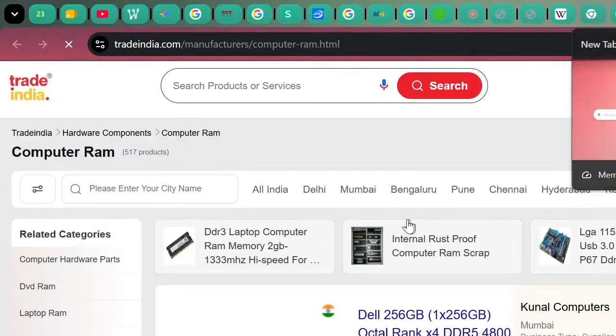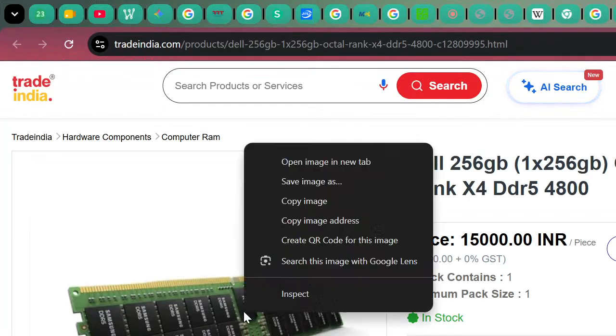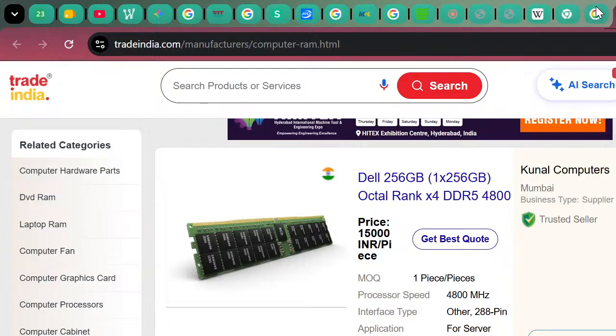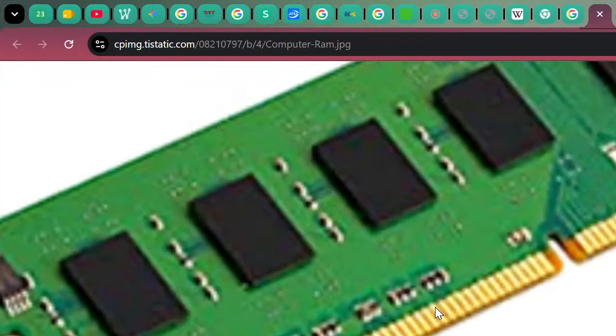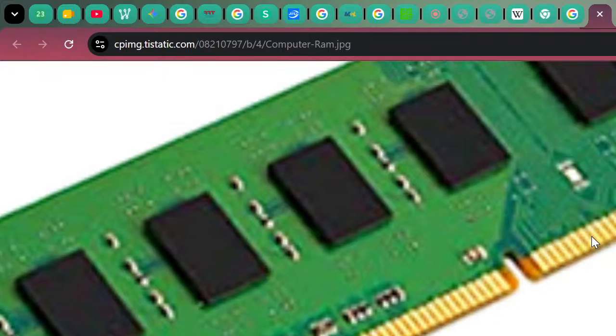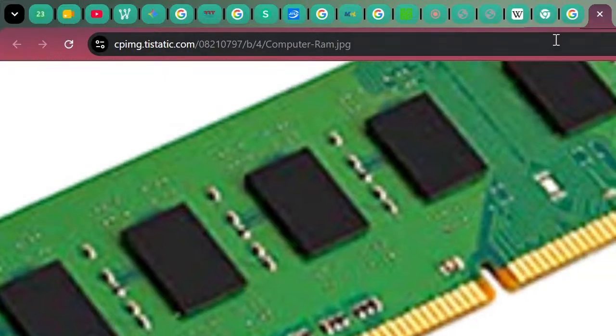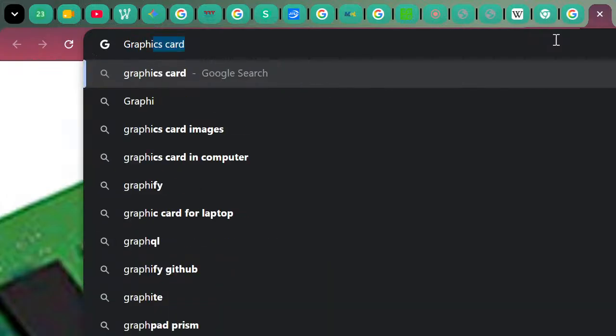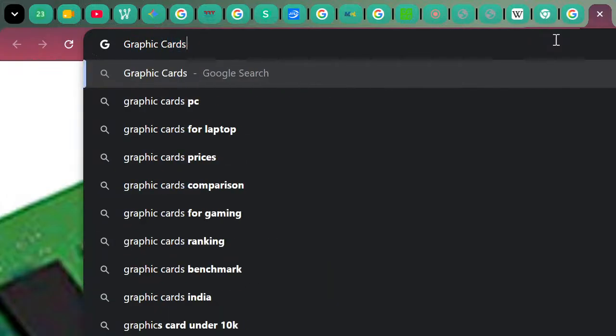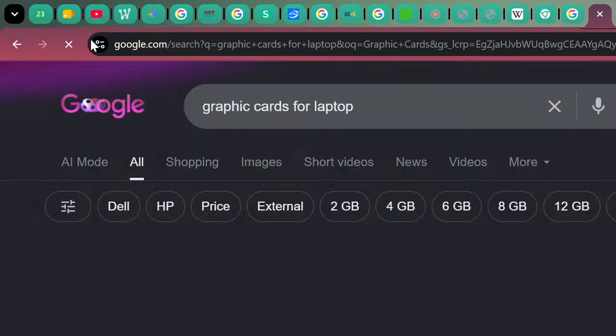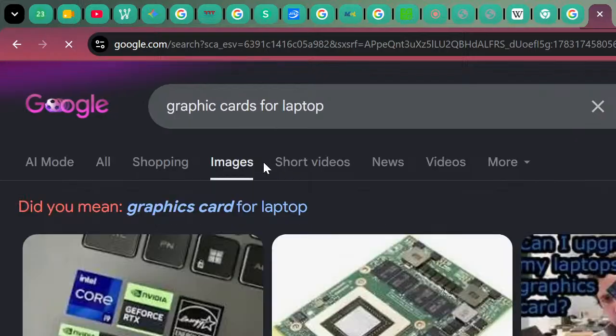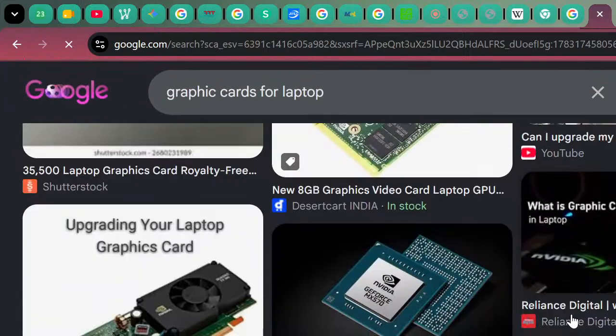It is having very tiny gold fingers. I just don't know whether this image can be further magnified, or else let me check for some high quality image. Here we are having the gold fingers, right? RAM contains gold fingers, network cards, sorry, graphic cards.